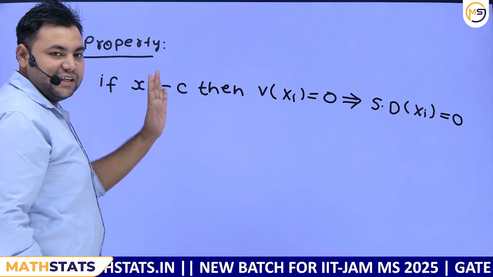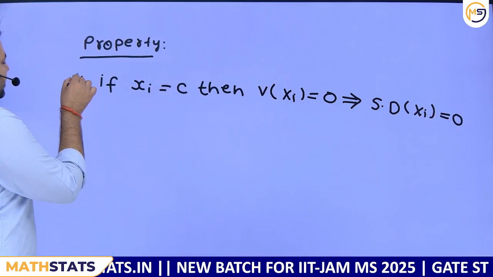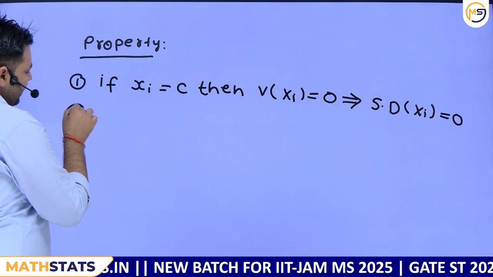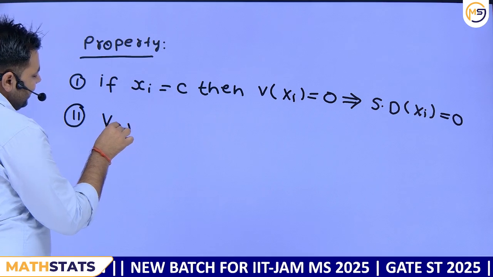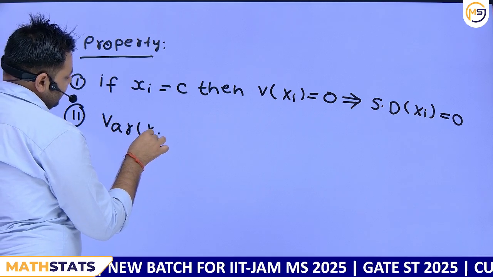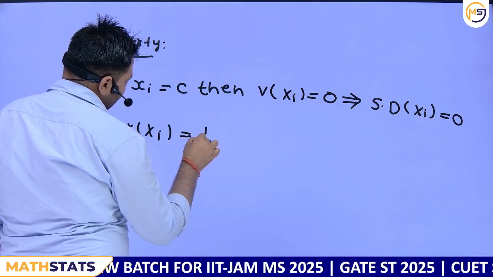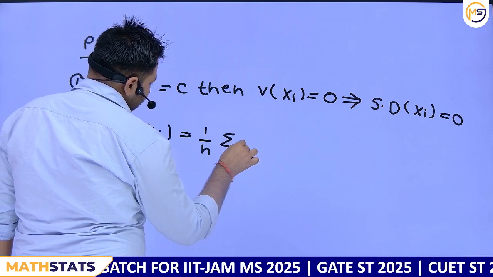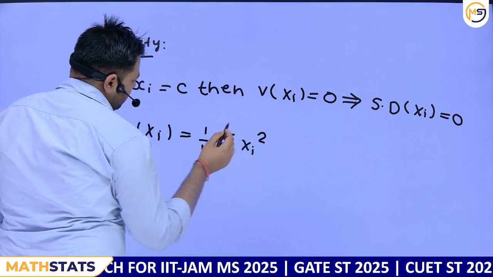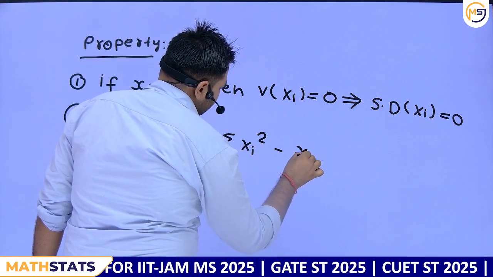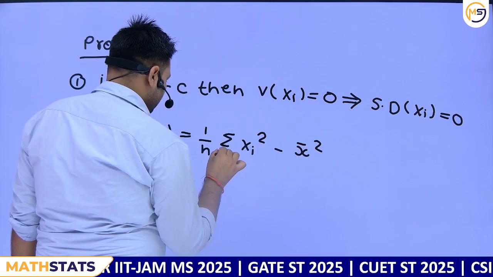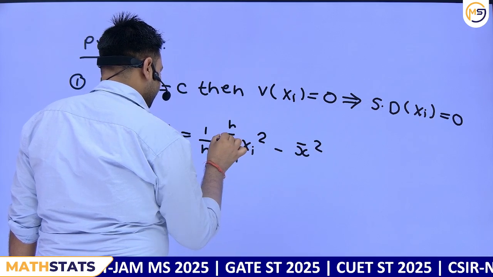You can prove this easily. Second property: variance of xi is also expressed as 1 by n summation of xi square, i equal to 1 to n, minus x bar square.